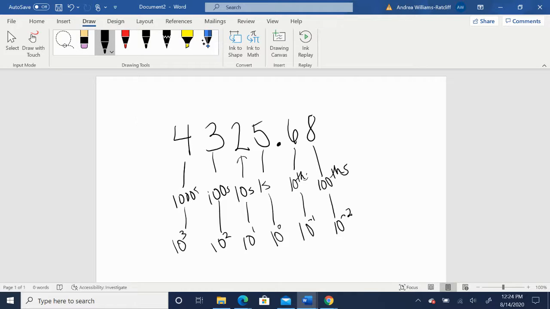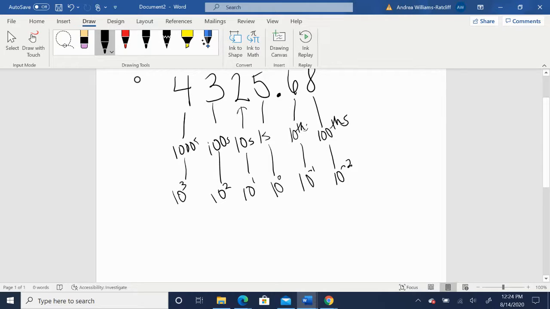If you were an elementary school student, you might model this by taking 10 smalls and trading them for 1 long. Every time we accumulate 10 of a particular place value, we're going to trade it up or exchange it up for 1 of a larger place value.